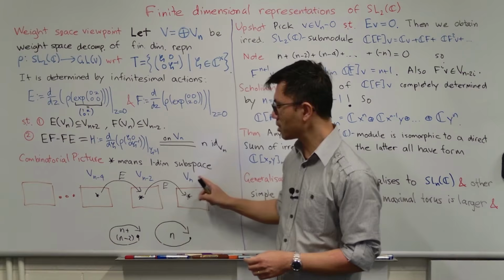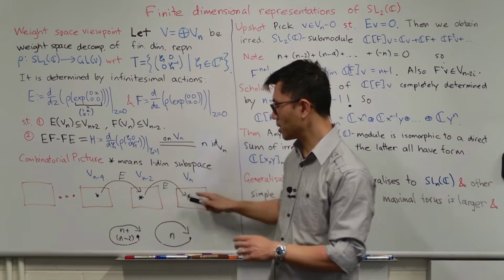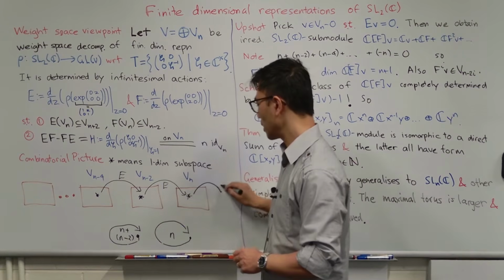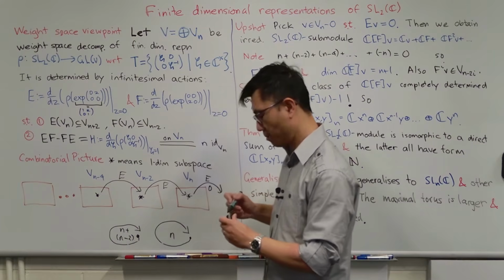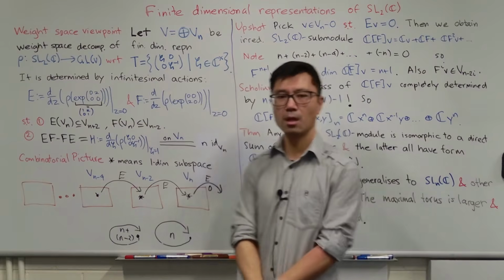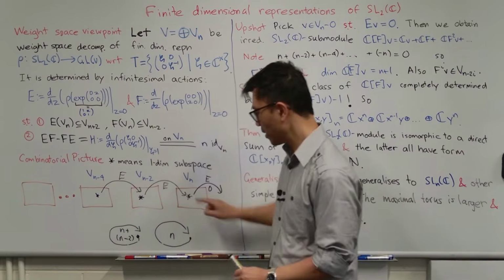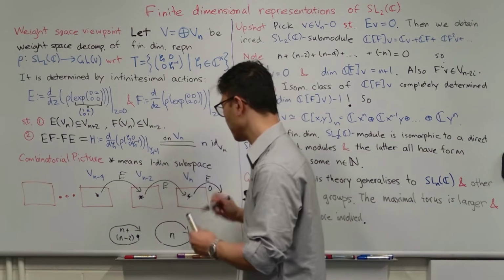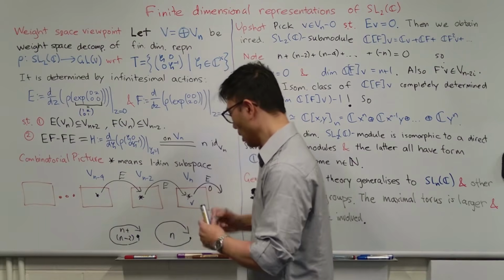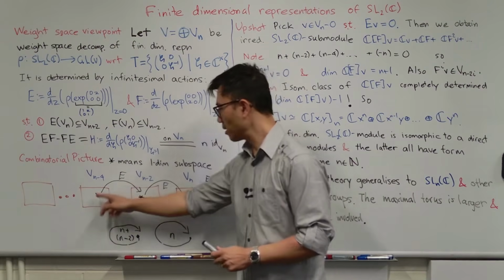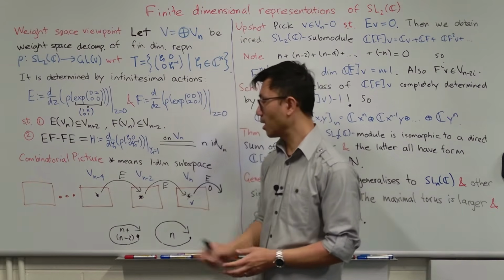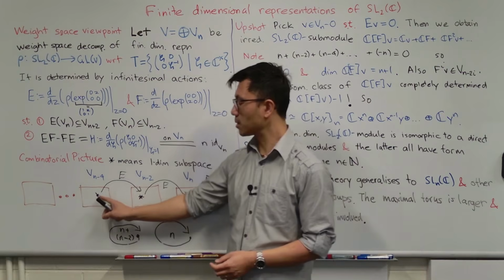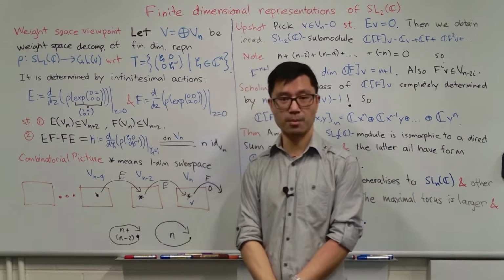Suppose the time when it goes zero is after this Vn. So this is going to be non-zero, but when you go to here with E, this is equal to 0. Okay, so that's where you stop. I'm going to give this vector a name. I'm going to call it little v. So now we've seen in this particular picture, we have at least a three-dimensional subspace that has to be in the submodule generated by this one-dimensional subspace.